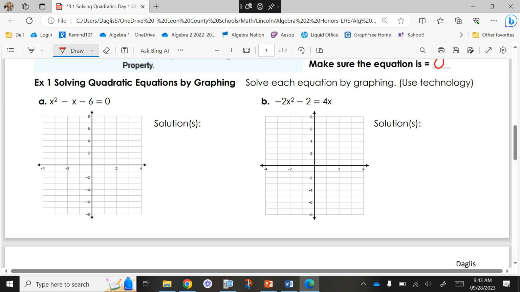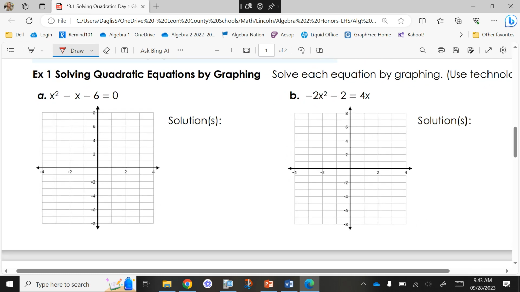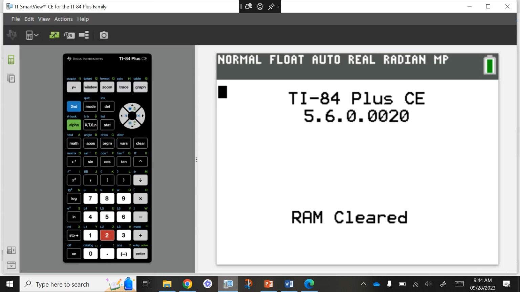Example 1, we're going to solve by graphing. You did this with your warm-up, but now you have to actually plot points. This is kind of the level 2, Algebra 2 part of this, because in Algebra 1, you were just given the graph and asked what the solution is. In Algebra 2, I'm going to make you draw that graph first. So we are going to graph x squared minus x minus 6.